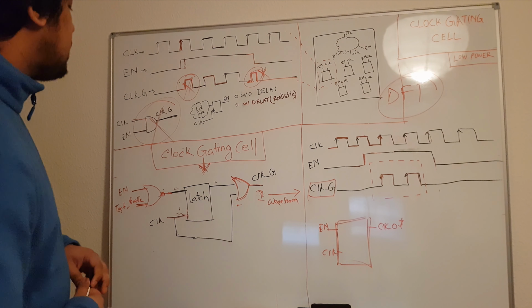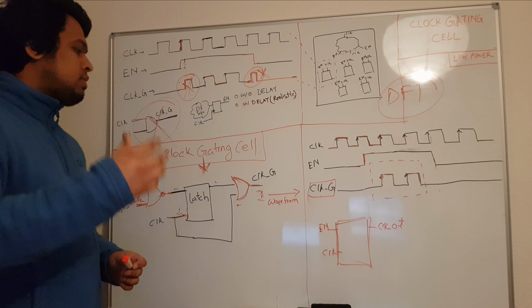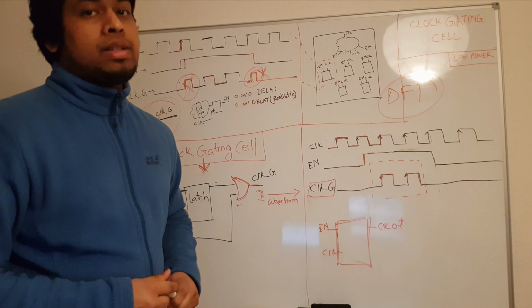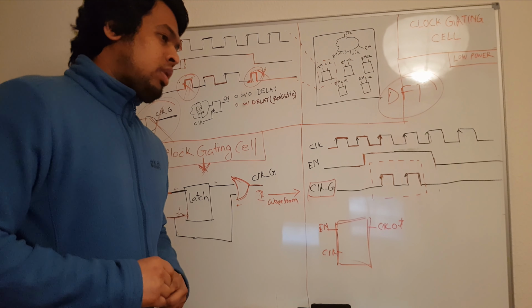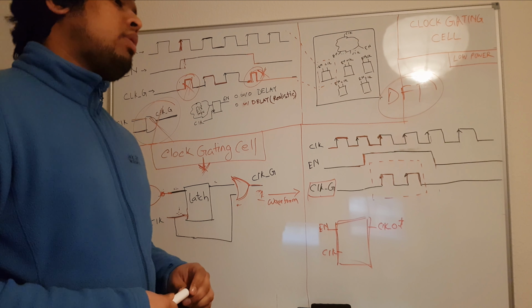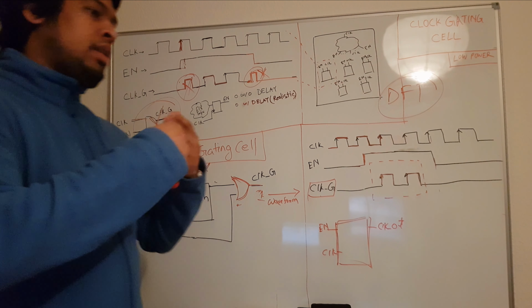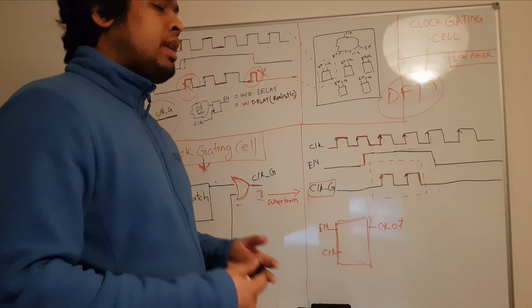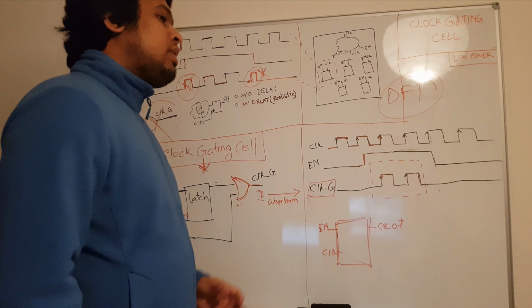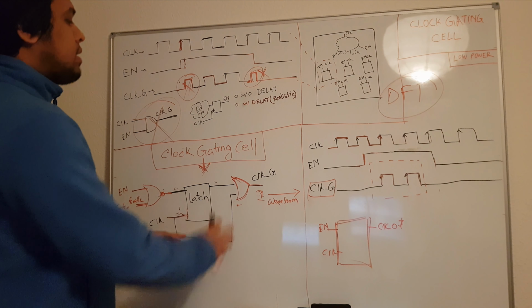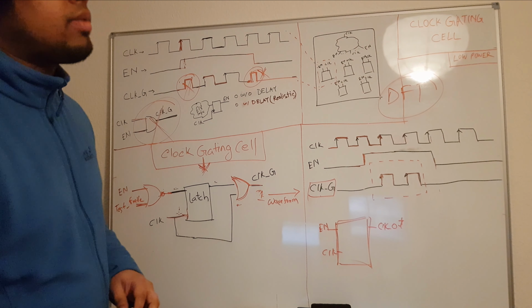Because, as I told you before, there are different kinds of clock gating cells. The reason why I told you not to develop a clock gating cell on your own is that in the company, in-house or in the fab, they have different kinds of clock gating cells produced with different kinds of latches and AND gates or NOR gates.